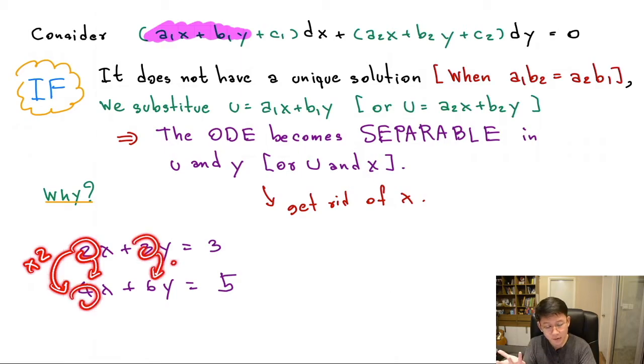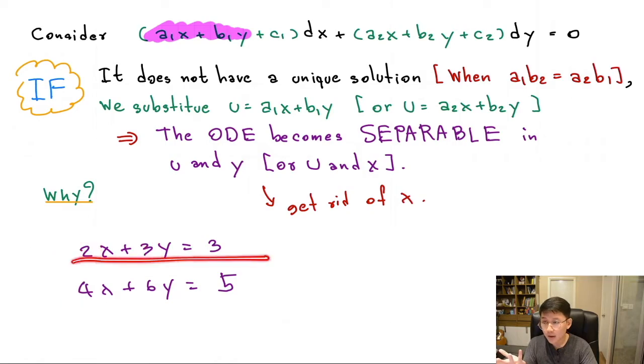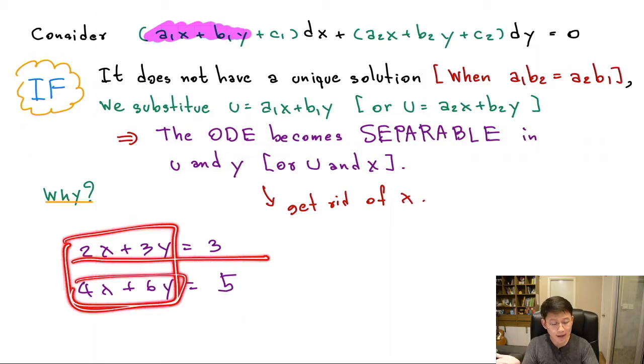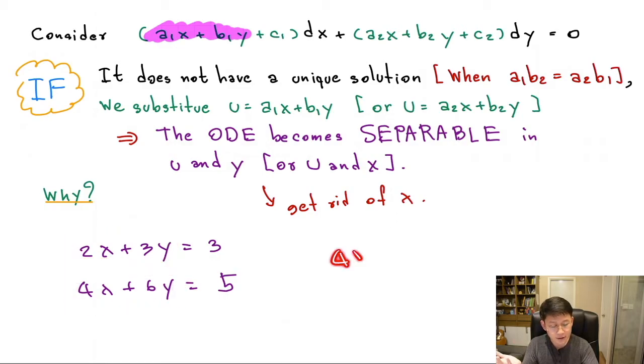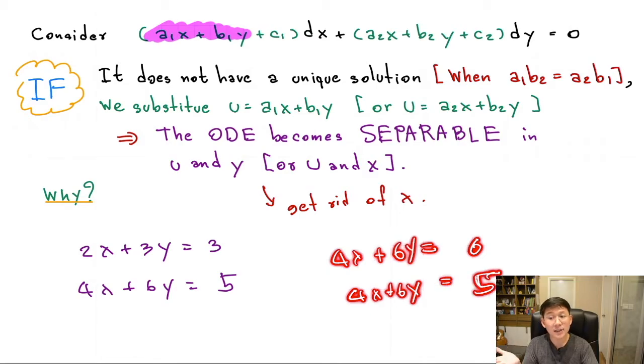Means that if you multiply this equation and you get the same coefficient as this, it's 4x plus 6y equals 10, and 4x plus 6y equals 5. So it's back to the case where you don't have the solution, right?